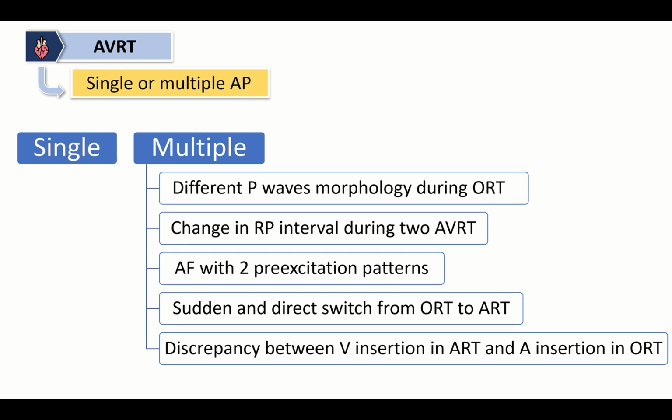Now, let's go to the next golden rule to know if it is a single or multiple accessory pathway. It's a simple golden rule.